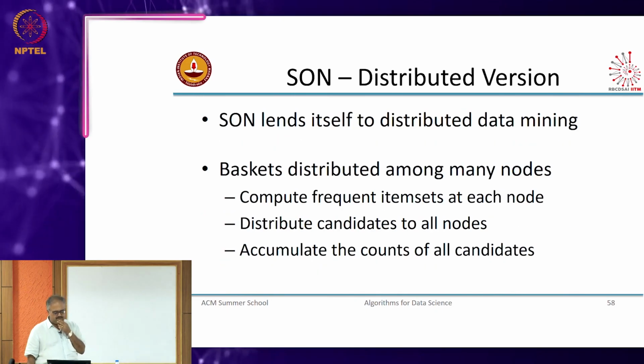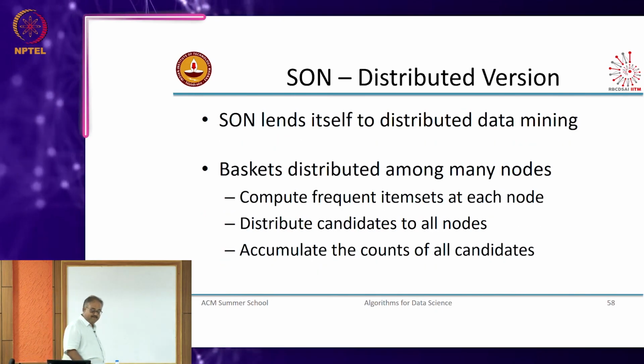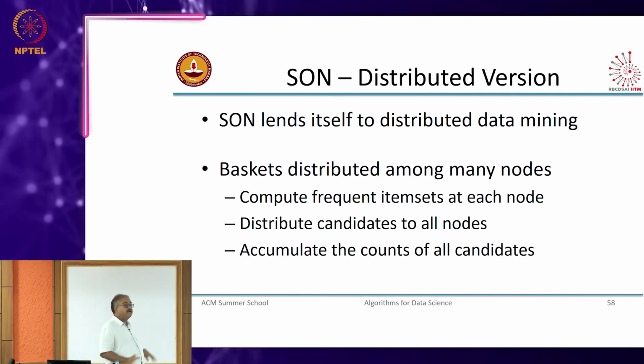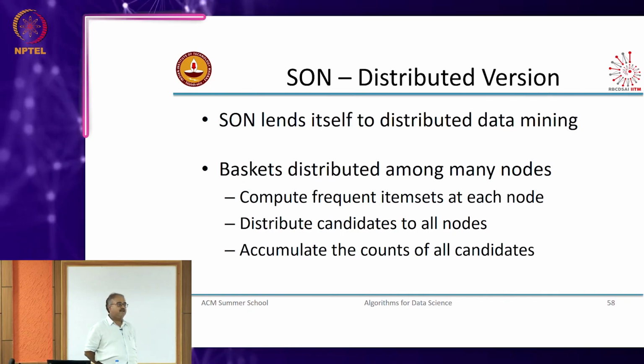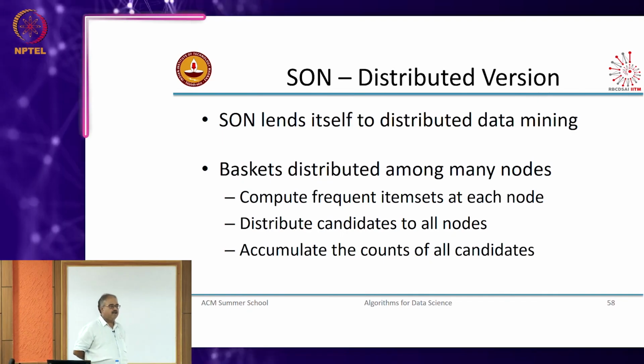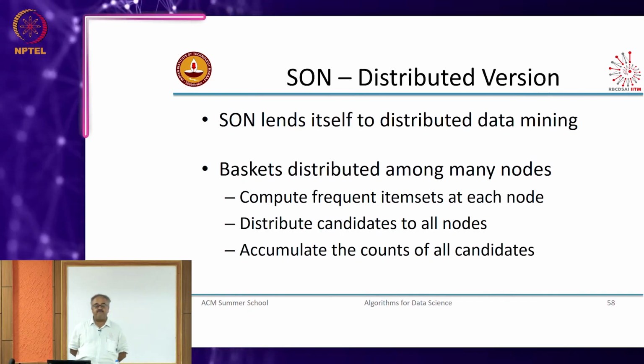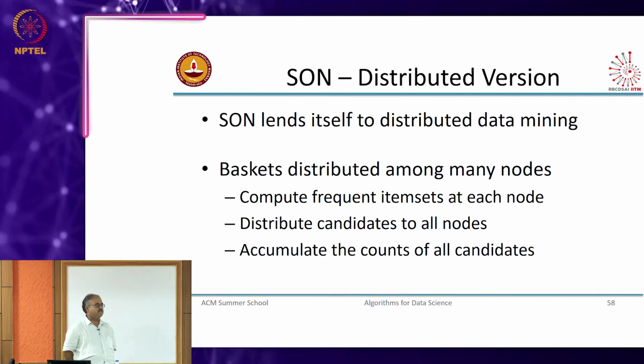Only downside here. And an even more amazing thing with SON is that you can actually run it in a distributed fashion. I know that you guys didn't do any map reduce, but it lends itself very nicely to this kind of distributed processing.